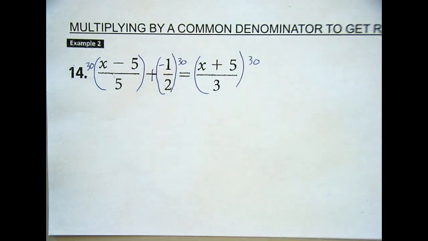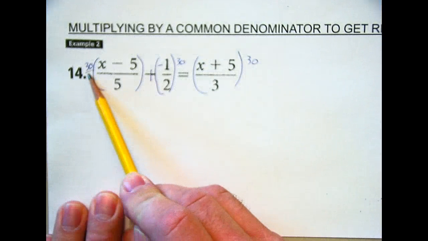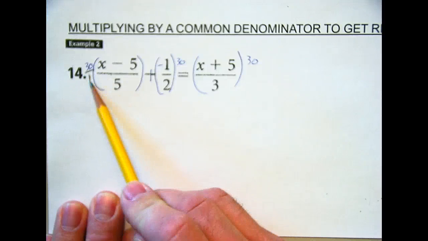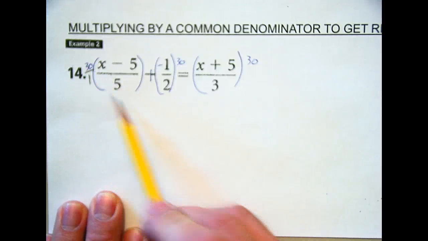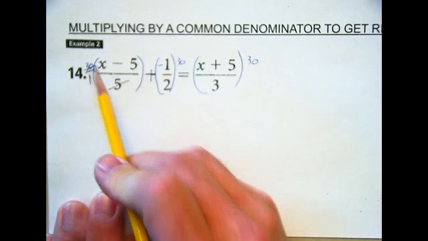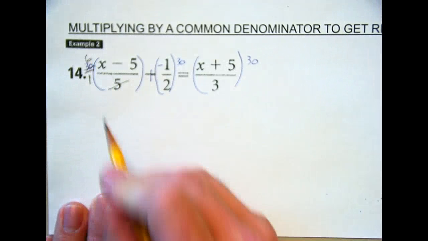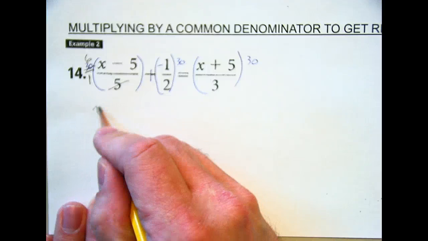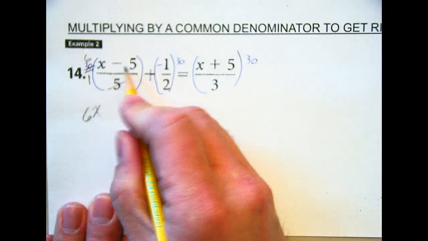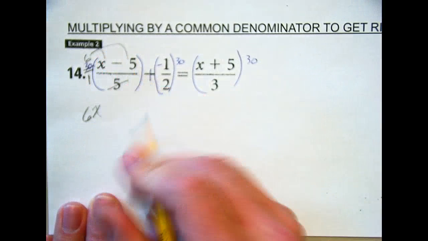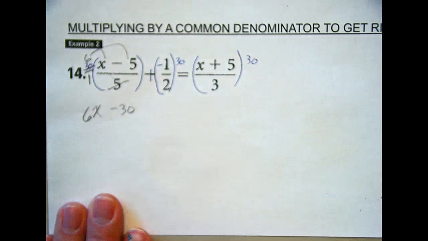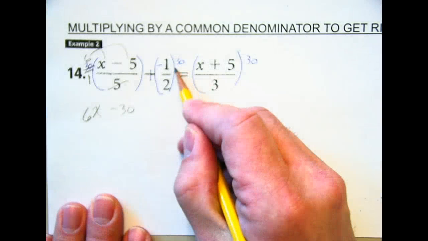All right, so if we cancel, this is like a 30 over 1, right? We cancel here, 30 and 5. 5 cancels. What does 30 become? 6. So we get 6x minus 30. We think of this as a fraction.